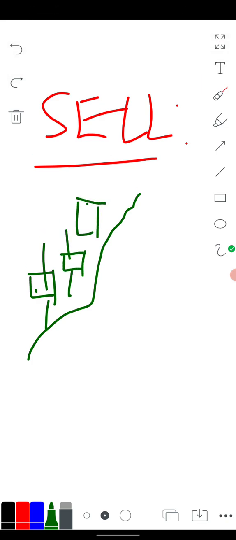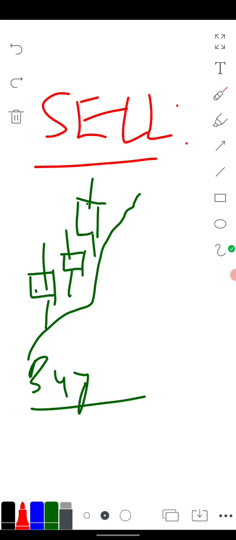We need to exit when we have to stop our trade. So how long can we go, and when can we stop and sell the asset that we bought? Let's look at that.